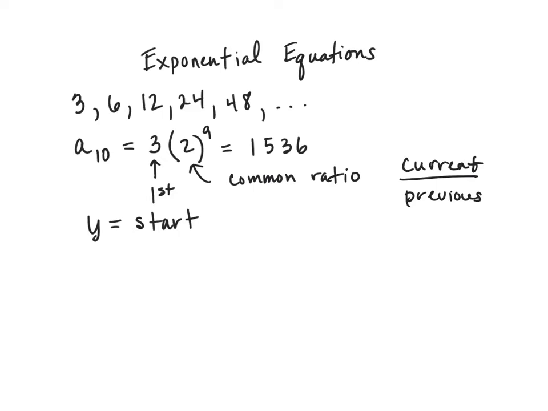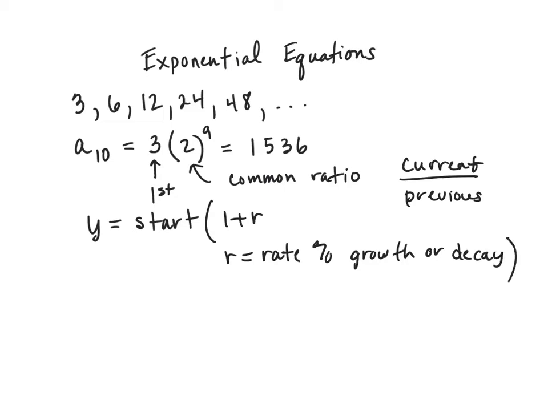I always get to the common ratio when I take current divided by previous. That common ratio in an exponential function we're going to call 1 plus r, where r is the rate or the percentage of growth or decay. Decay means it would be decreasing.